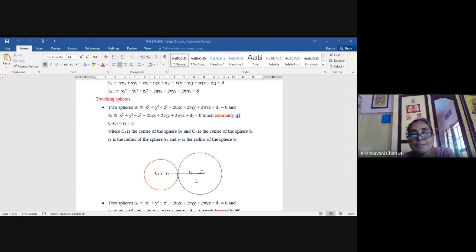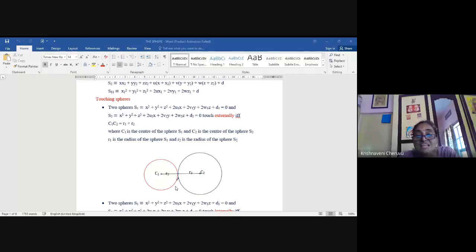So sum them up. If the sum of the radii is equal to the distance between their centers, you see in the figure that the C1C2 distance is the same as R1 plus R2. When the sum of the radii is exactly equal to the distance between the centers of the spheres, then we say that the spheres touch externally.